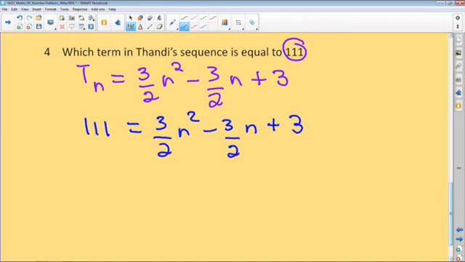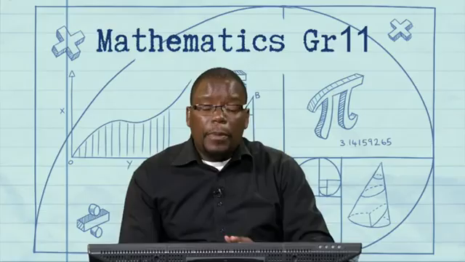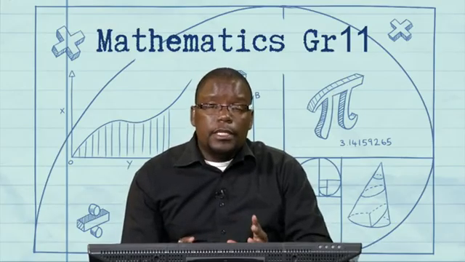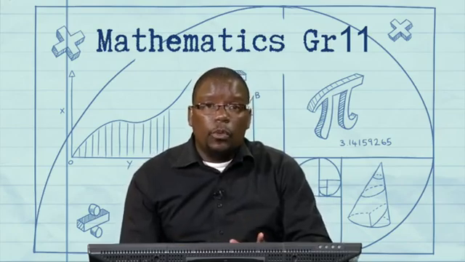Now we want to know which term equals 111. So you're given Tn, which is 111, equals 3 over 2 n squared minus 3 over 2 n plus 3. You have to work hard to get what n is. This will be your homework. We'll check it sometime.